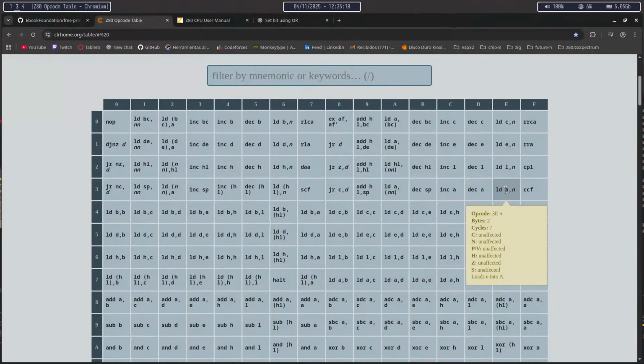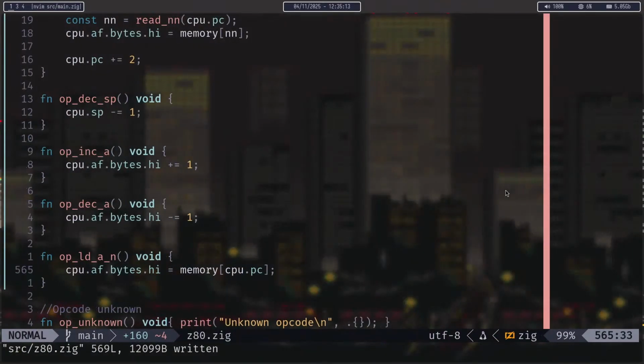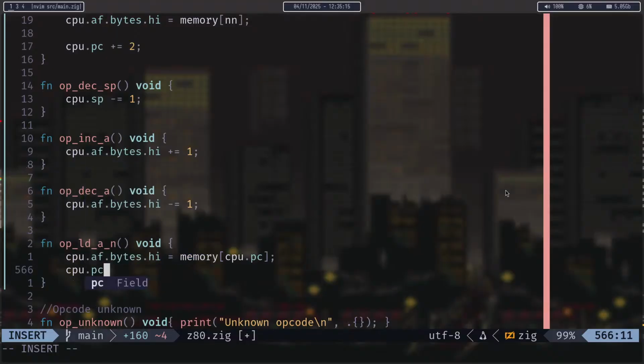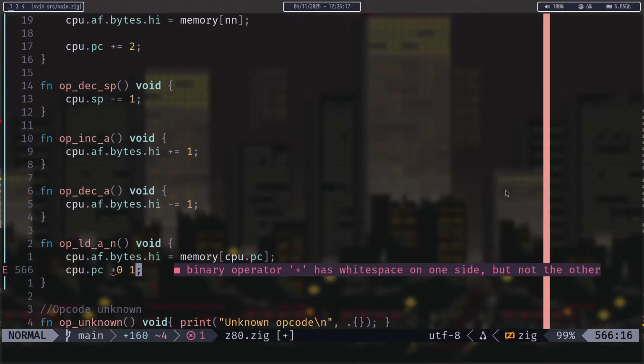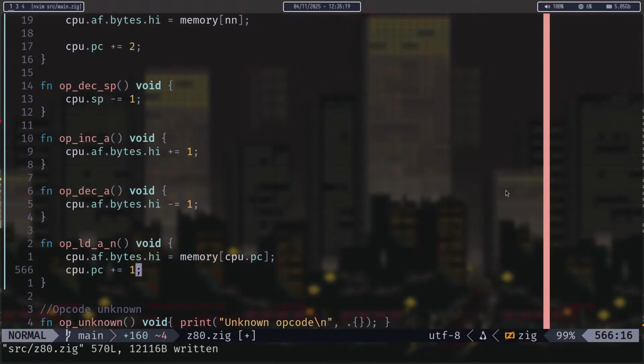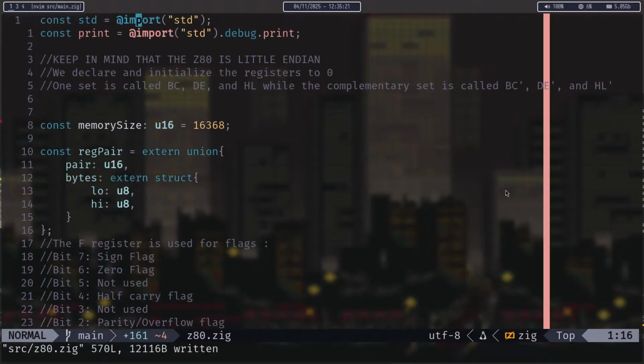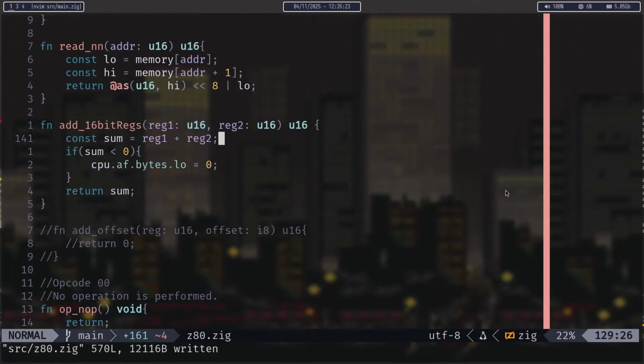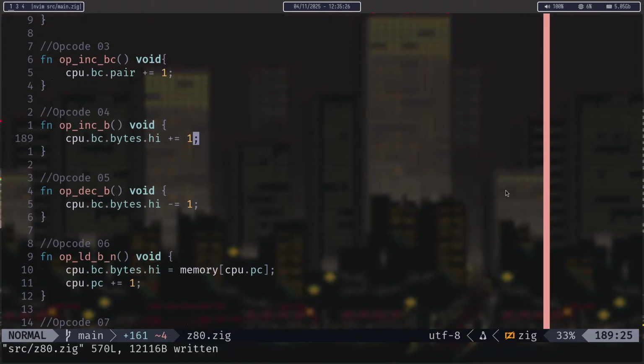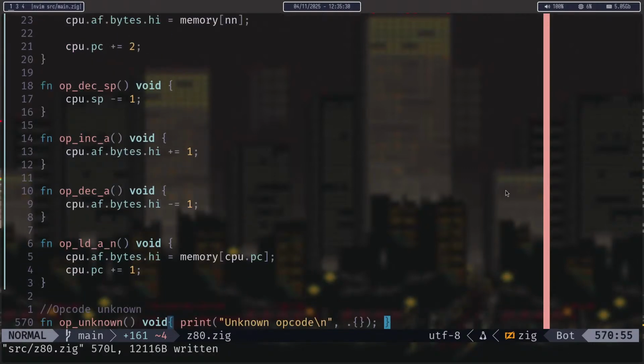So do I just have to do CPU.pc plus equals 2? What was the first one? Load BN. Yeah. So I just have to do that. Alright.